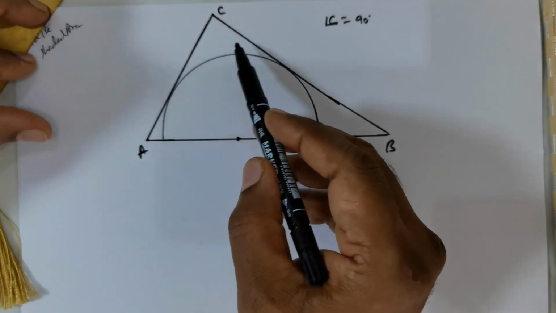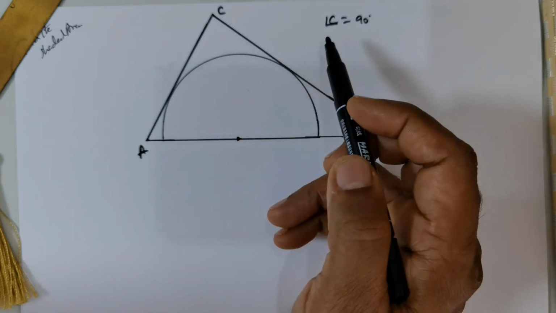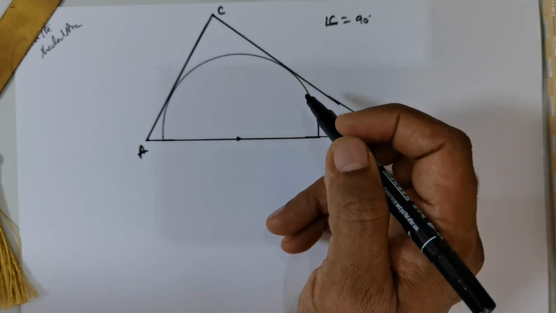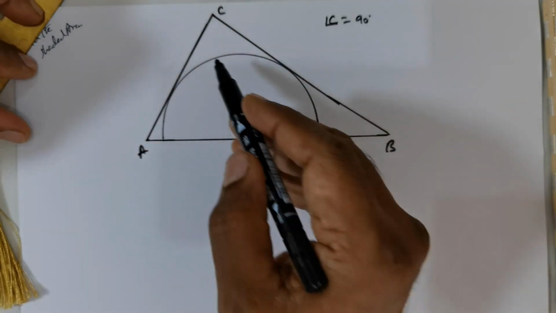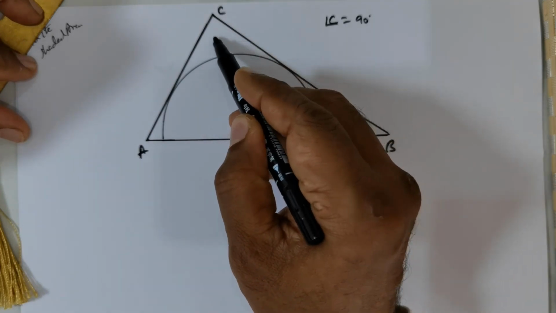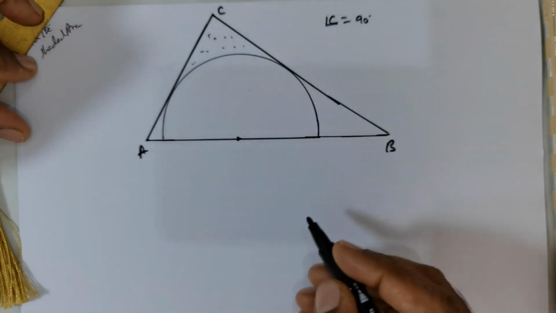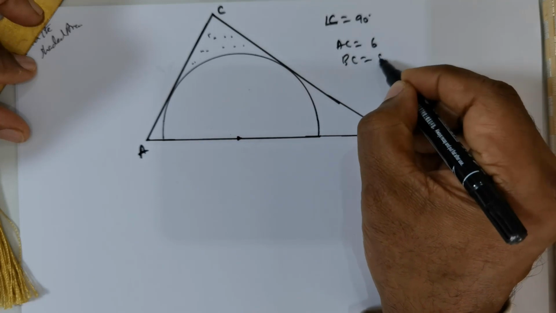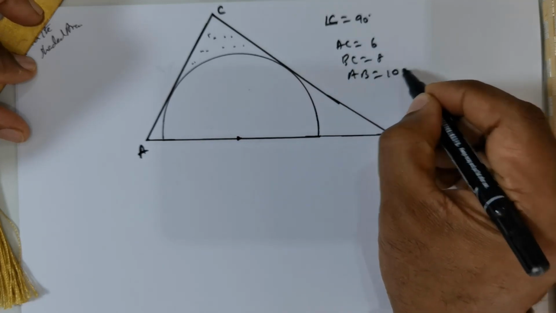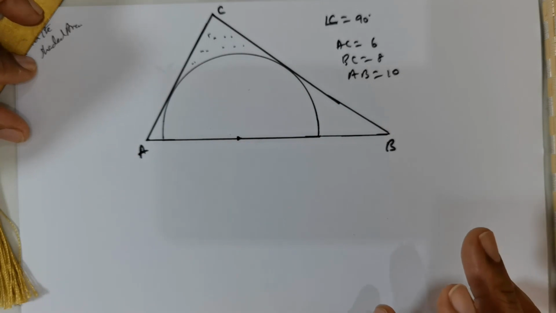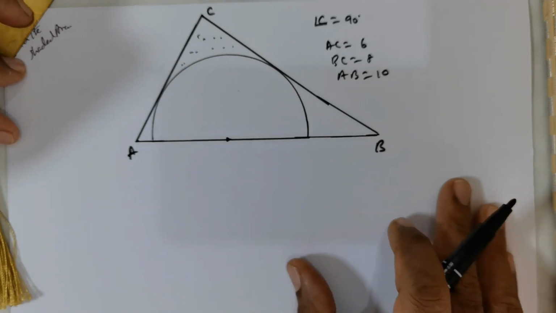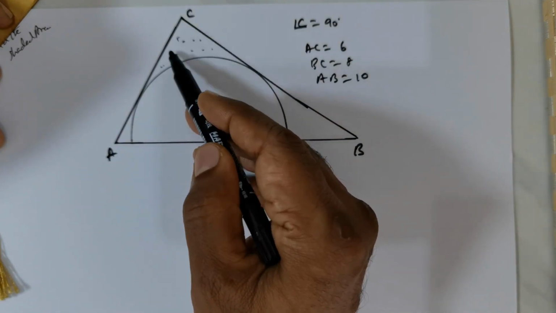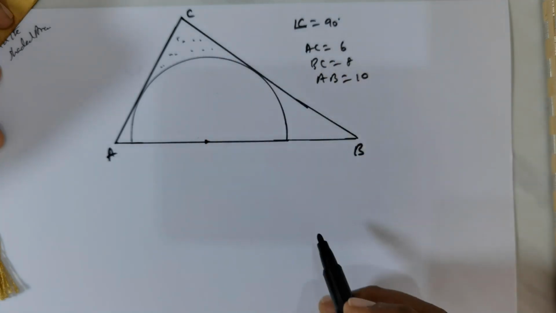Now we are expected to find the shaded region, so this region is required. Okay, so this is the required area, so we need to get this. Now we are given AC is 6 units, BC is 8 units, AB is 10 units, so this is given, and we are required to get the shaded region's area.